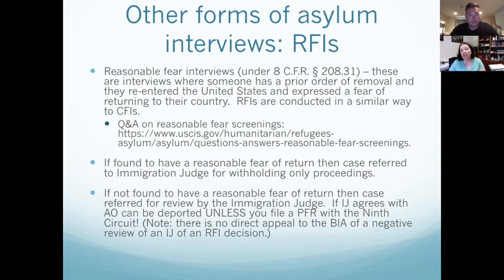The standard is a little bit higher because we're talking about withholding of removal, but it is still fairly low, and I don't think it should be too high. There is constant pressure to make it harder and harder to pass these interviews, and it's our job to push back and say, actually, this is what the law says, that if they express this reasonable fear of persecution, then they should get a chance to go in front of an immigration judge.